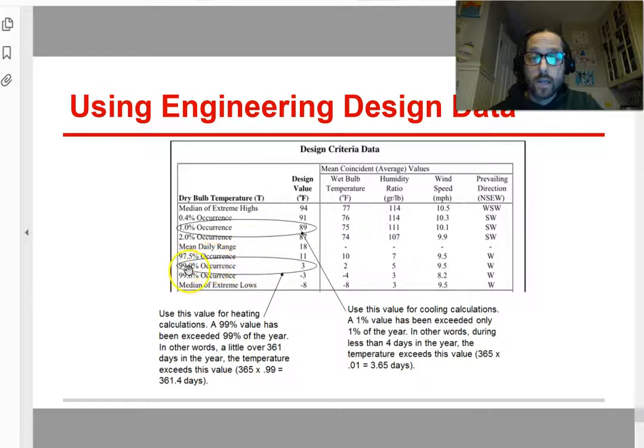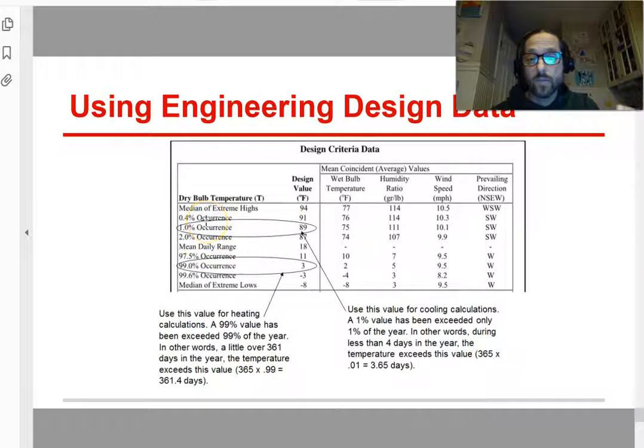And the 99% is the same nomenclature. It's warmer than 3 degrees 99% of the time, which is another way of saying it's colder than 3 degrees 1% of the time. Again, this is warmer than this temperature this percent of the year.